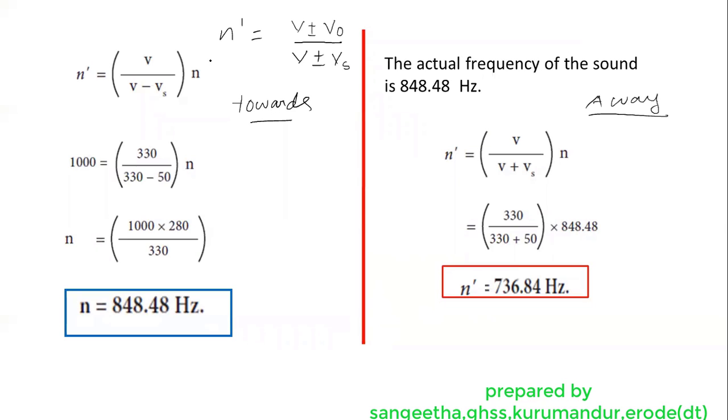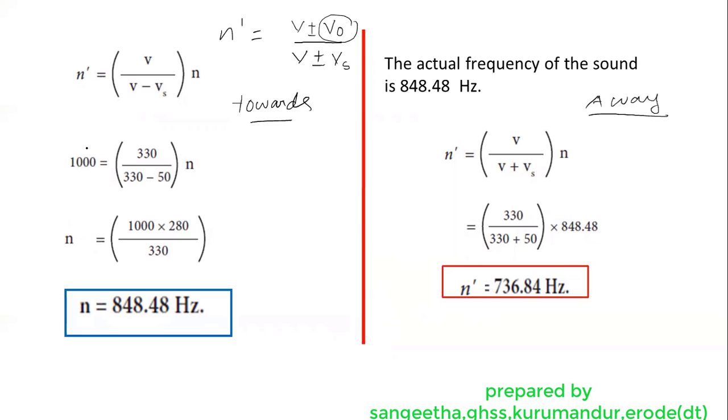Then the value of n dash should be maximum, so the denominator must have a minus sign. Since the observer is stationary, you can put V naught as 0. So n dash is equal to V by V minus Vs into n.